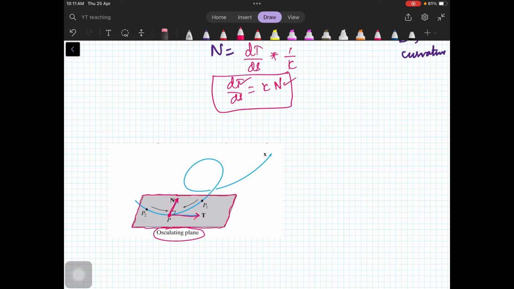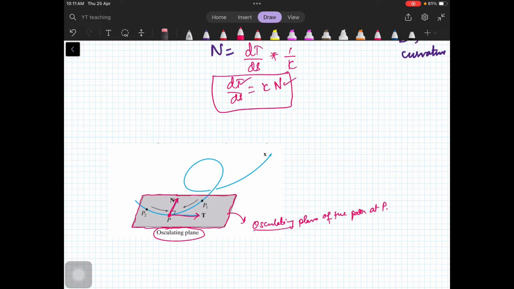It is called the osculating plane of the path at P. Osculating means to kiss, so this plane is kissing your curve at point P.